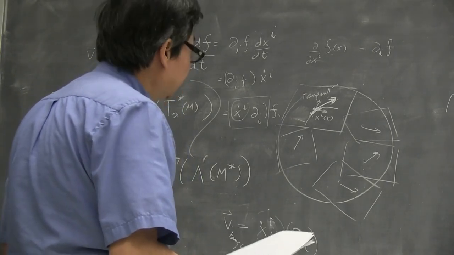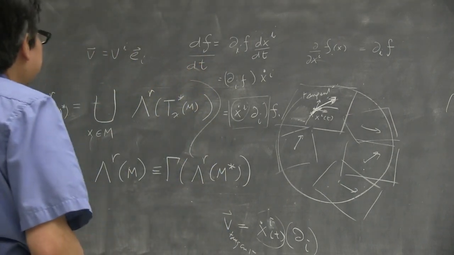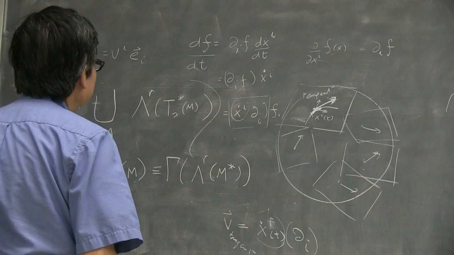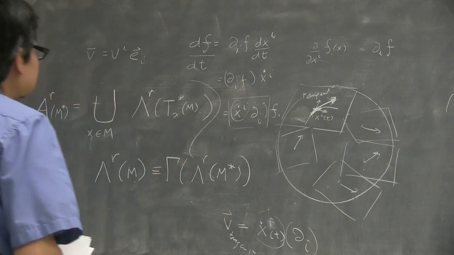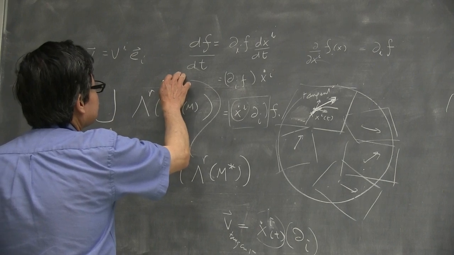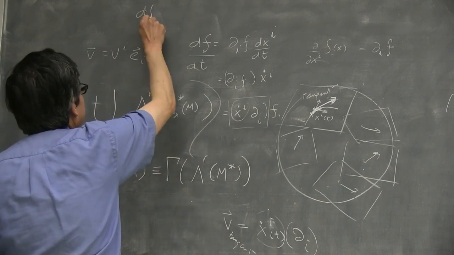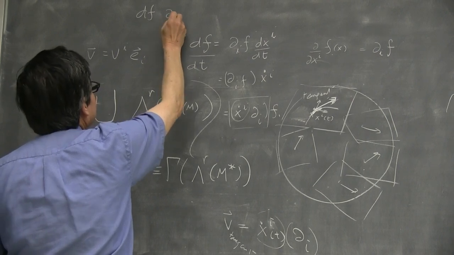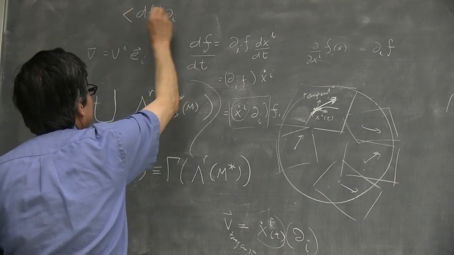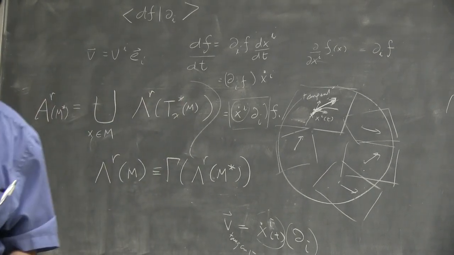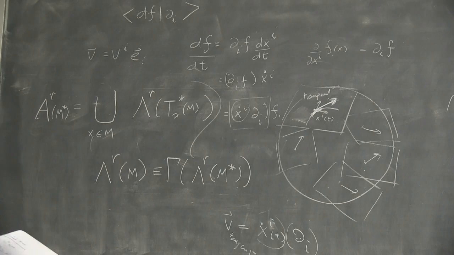What I want to show you is that similarly, you can imagine here's the thing, df being acted on by di, and I'm going to use a quantum mechanical notation. One is a vector, one is a covector in this fashion in here, okay?